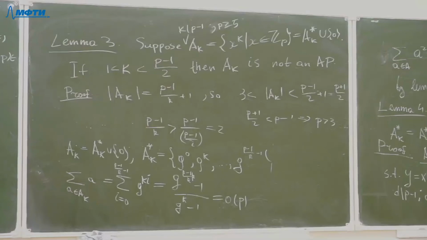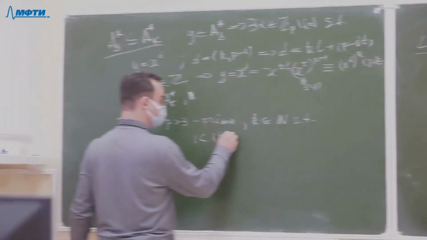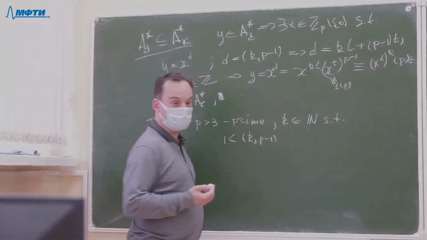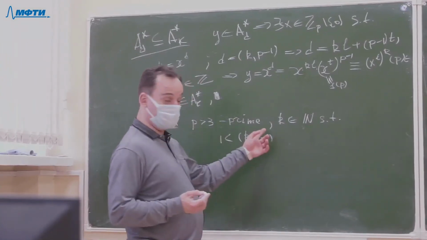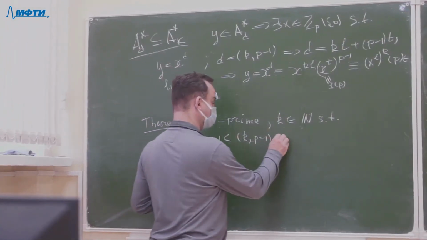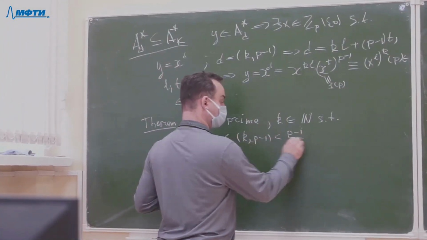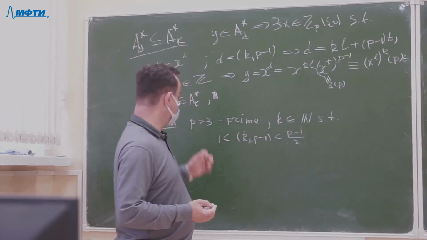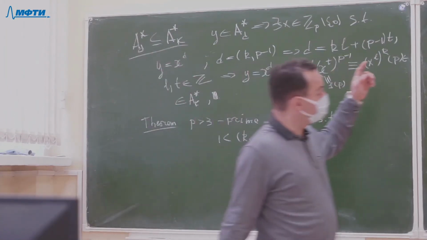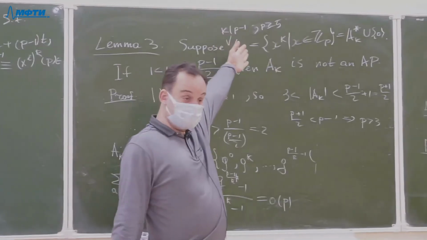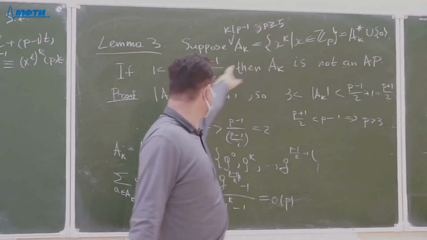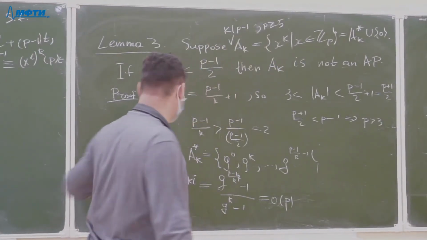But we replace k by GCD of k and p minus 1. So we need these two limitations from this lemma: p is at least 5 and k is this one.